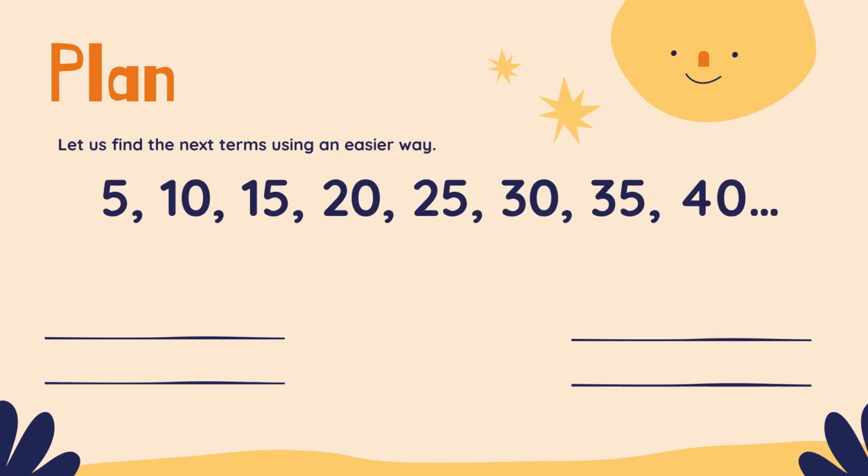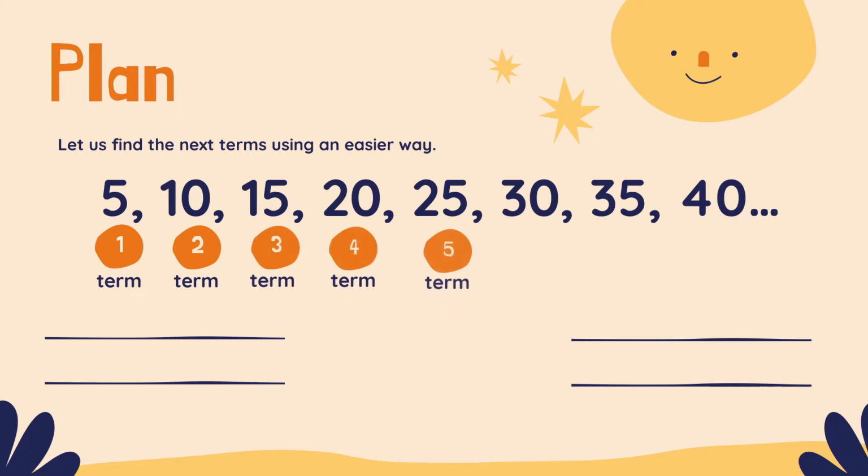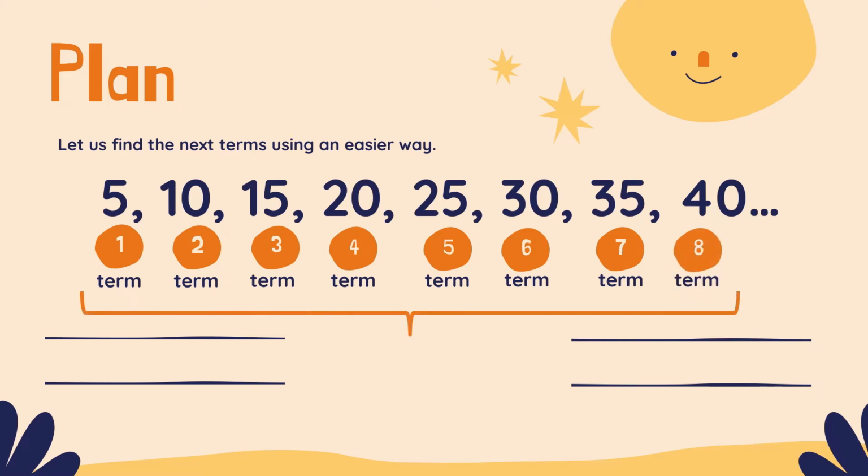As you can see, 5, 10, 15, 20, 25, 30, 35, 40. These are all terms, and terms have a position. 5 is the first term, 10 is the second term, 15 is the third term, 20 fourth, 25 fifth, 30 sixth, 35 seventh, and 40 is the eighth term.